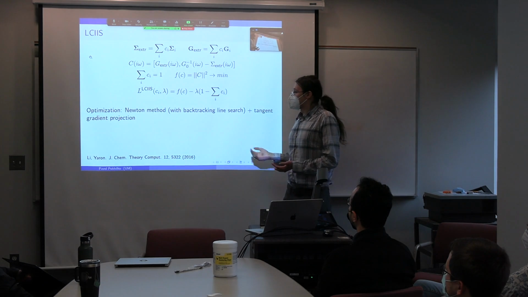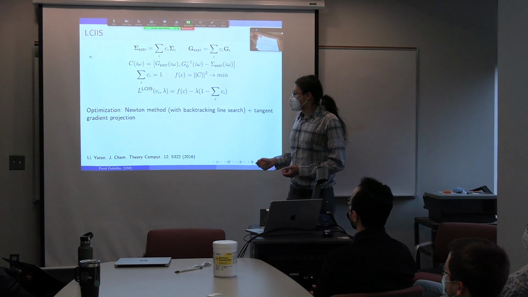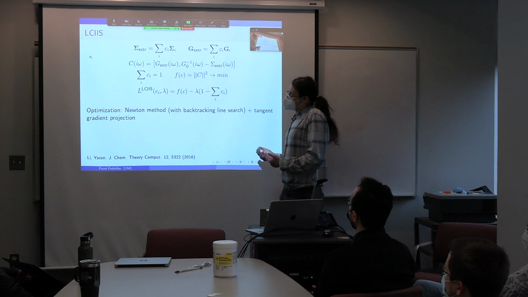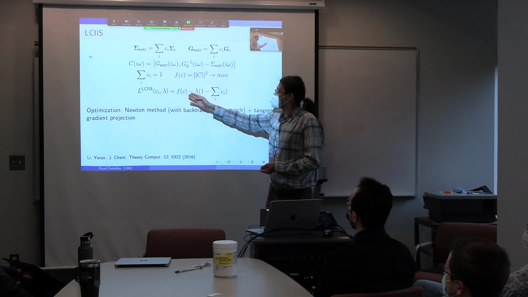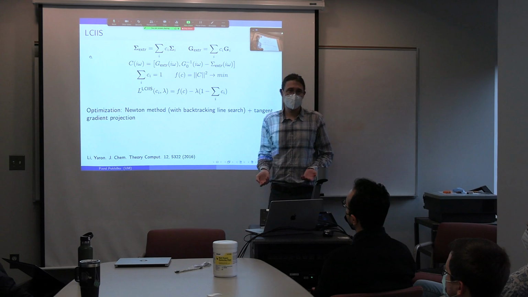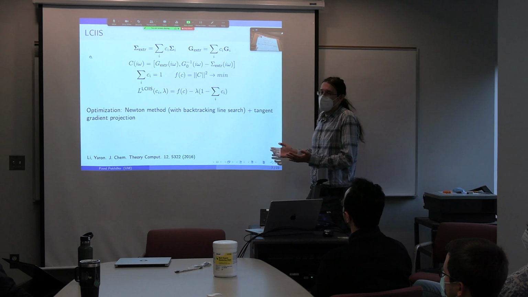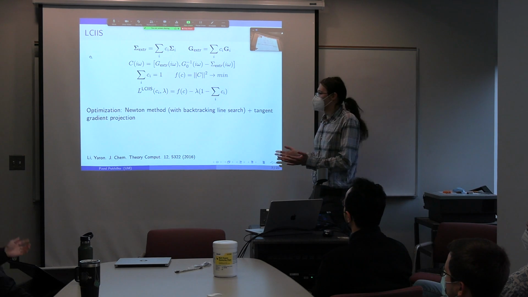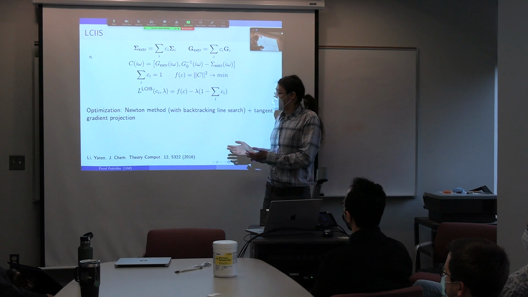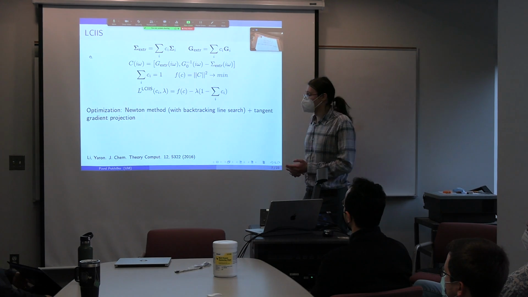And for this purpose, again, we can compile a Lagrangian. But here, because this objective function is a quartic function, it is not a quadratic form, so it won't lead to a linear system of equations, and we need some iterative procedure to solve it.